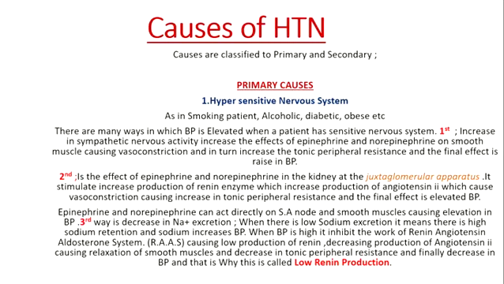When a patient has a hypersensitive nervous system, it stimulates sympathetic nervous activity. So we have different ways in which the hypersensitive nervous system stimulates pressure. One is an increase in sympathetic nervous activity. When there is an increase in sympathetic nervous activity, it increases the activity of epinephrine and norepinephrine on smooth muscle.